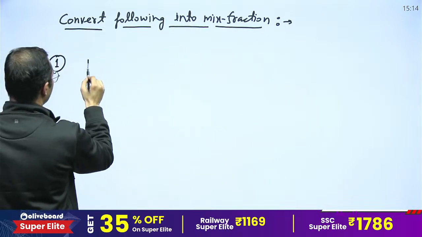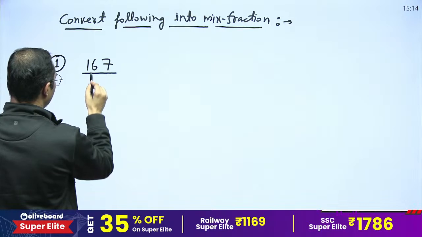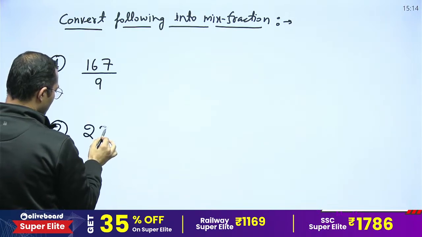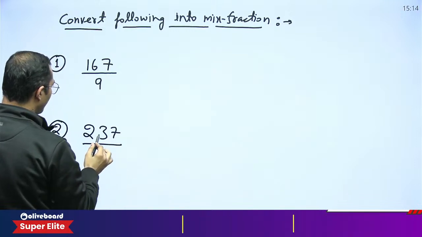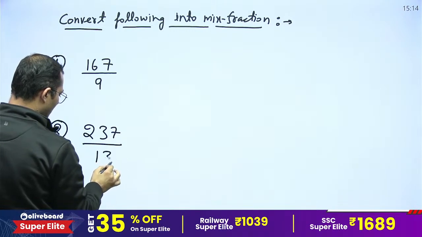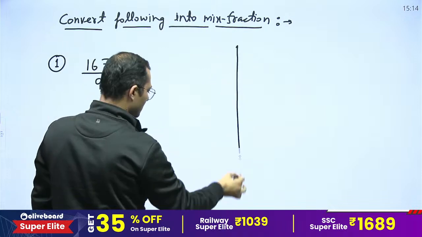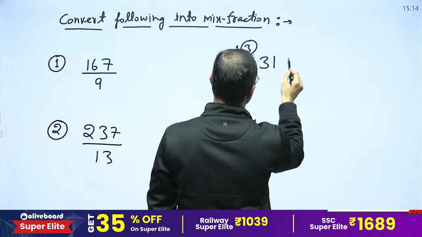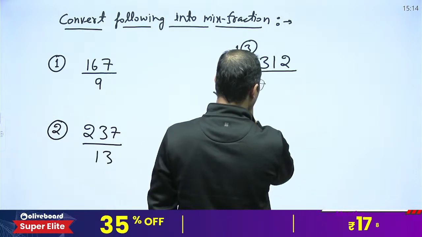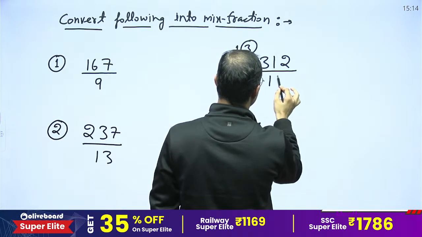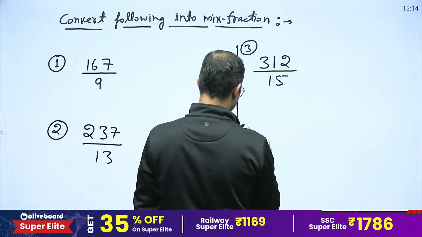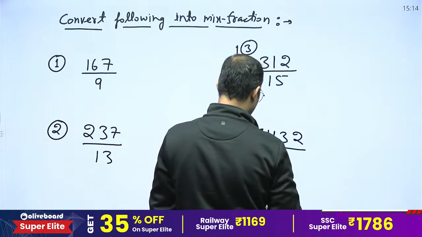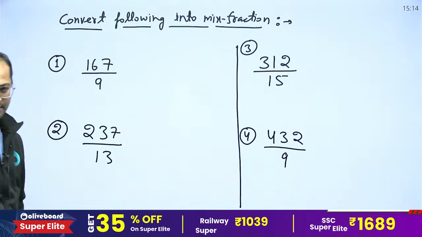First is 167 divided by 9, 237 divided by 13. Just convert them into mixed fraction.